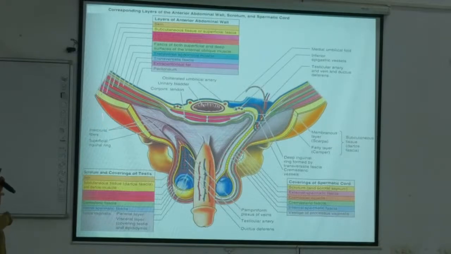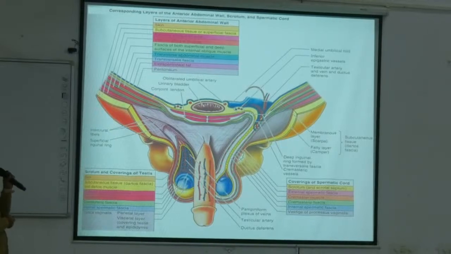Okay, and these structures, layers of the abdomen, these layers are continuing along with the spermatic cord or round ligament of uterus. In male it is continuing up to the scrotum.